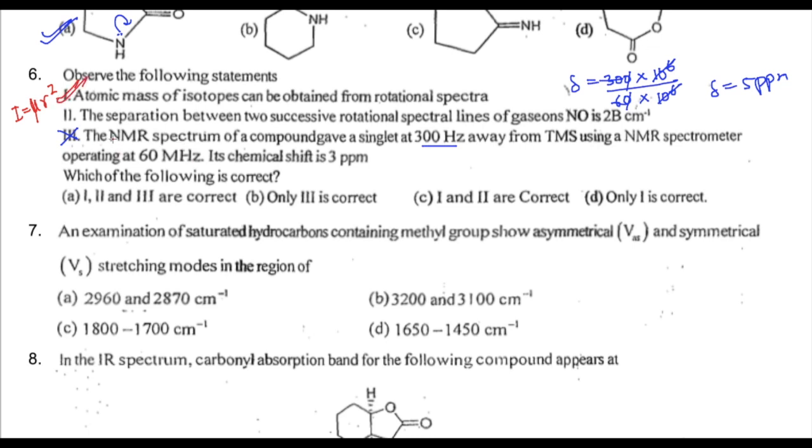The other statement says the separation between two successive rotational spectral lines of gaseous NO is 2B, and yes, the separation between two rotational lines is 2B only. We have already studied that in rotational spectra, so it's a correct statement. So statements 1 and 2 are both correct, the third statement is wrong, and the answer is option C.